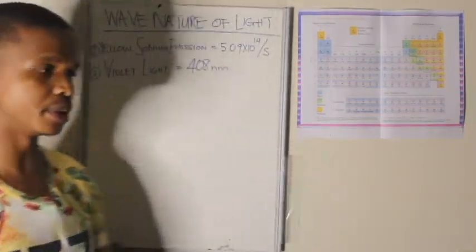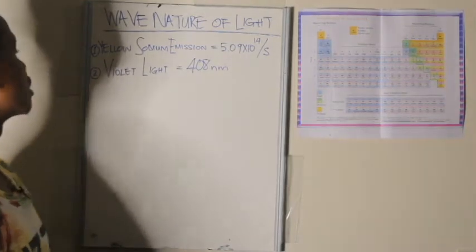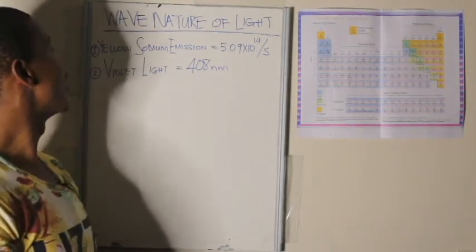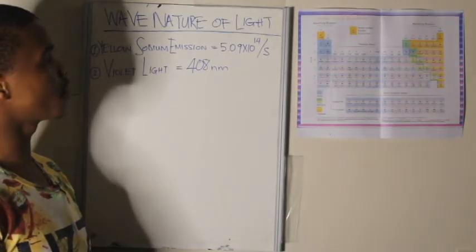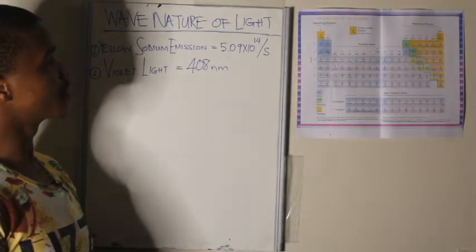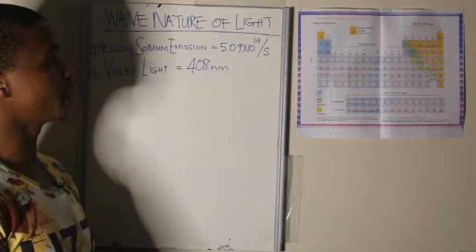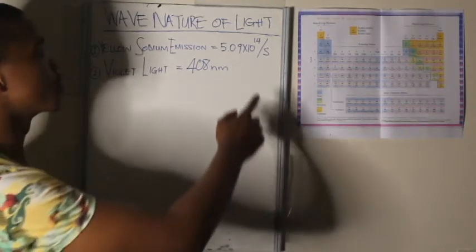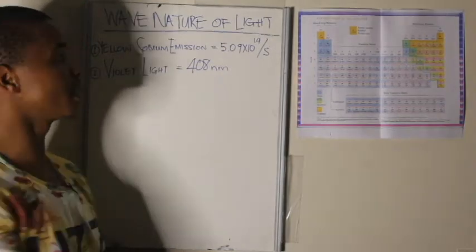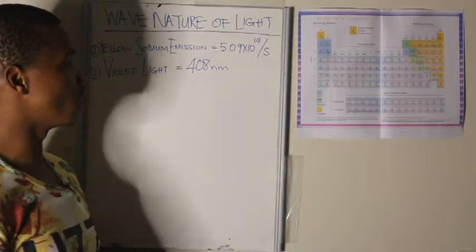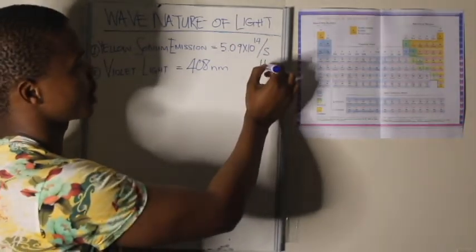So your example would be, let's say, yellow sodium emission gives us a frequency of 5.09 times 10 to the power 14 per second. So this is your frequency. Usually your frequency is written as per second or in hertz.